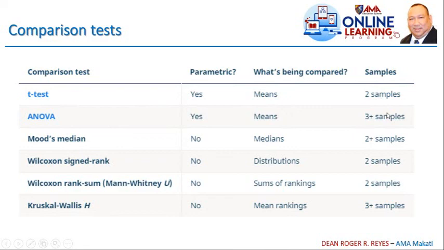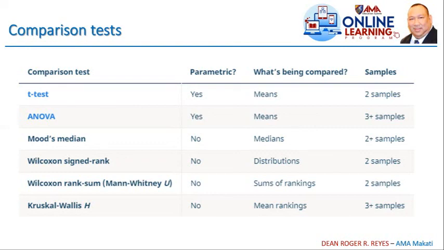For example, how do we compare the academic achievement of students of Section A, Section B, and Section C? So 3 set na yon. Ibig sabihin, t-test, hindi ko na pwedeng gamitin, but instead, I will use analysis of variance. Now, kung ang ating ginamit ay median, so ang gagamitin natin ay Mood's median.